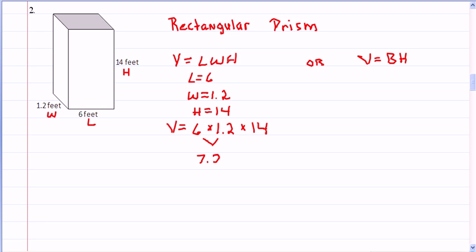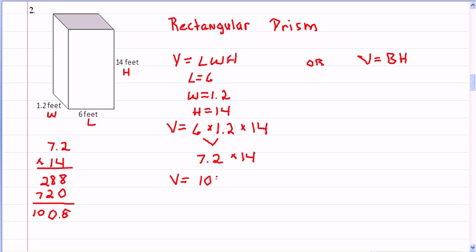So with the decimal, it's 7.2. And if I take 7.2 times 14 and multiply that out on the side, I get a volume of 100.8 cubic feet, or feet cubed.